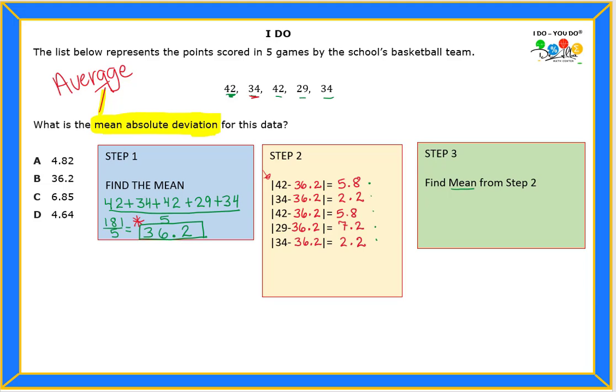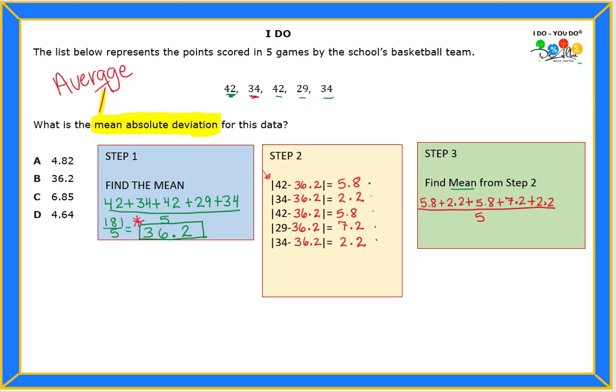Okay, so we're going to say 5.8 plus 2.2 plus 5.8 again. That's okay. We need it. Plus 7.2 plus 2.2. And all of that will be divided by 5 because I still have 5 numbers in here, right? So let's go ahead and do that.